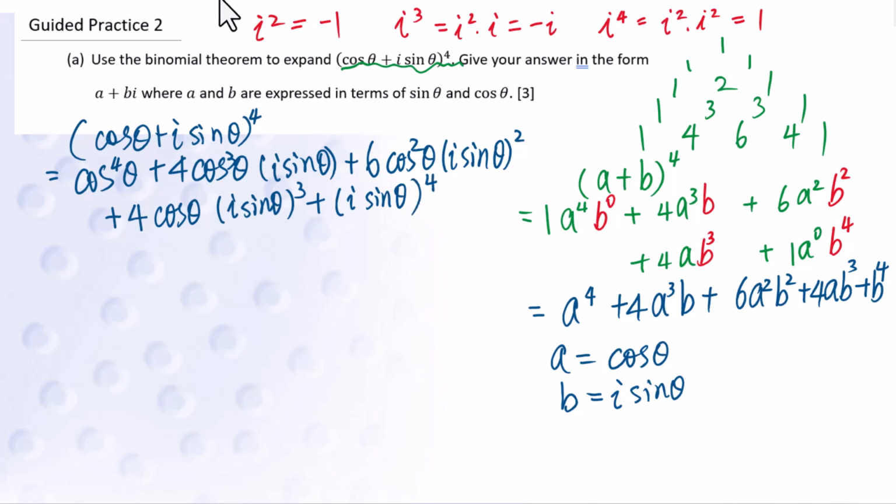We do know i squared equals -1, i cubed equals -i, i to the fourth power equals 1.